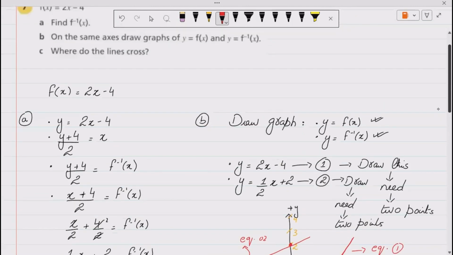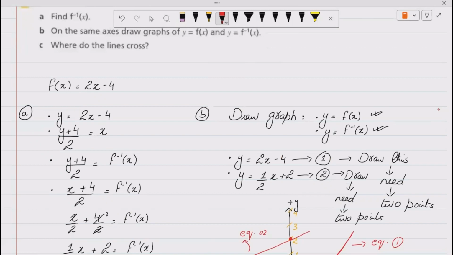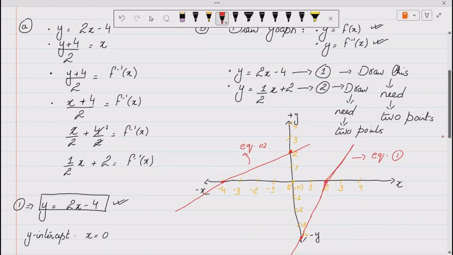I hope you understand. Now they are asking where the lines cross in part C. For this, we have to move it further and further and see where they touch. At what point it touches, just go downward, approximately 5, and go upwards, and find something like 4.5 or 5 as well.